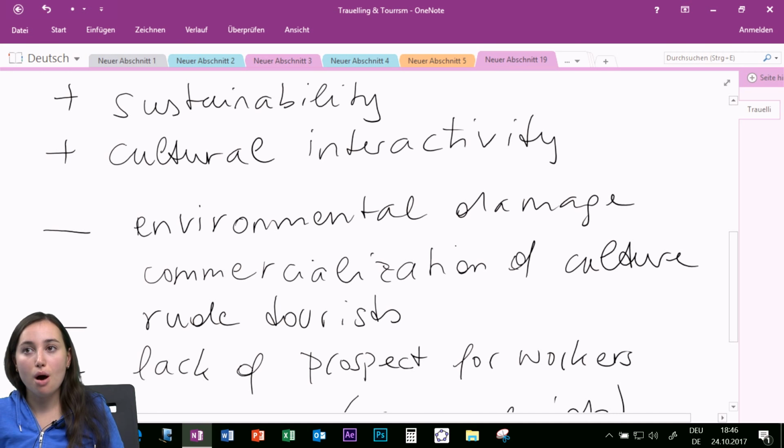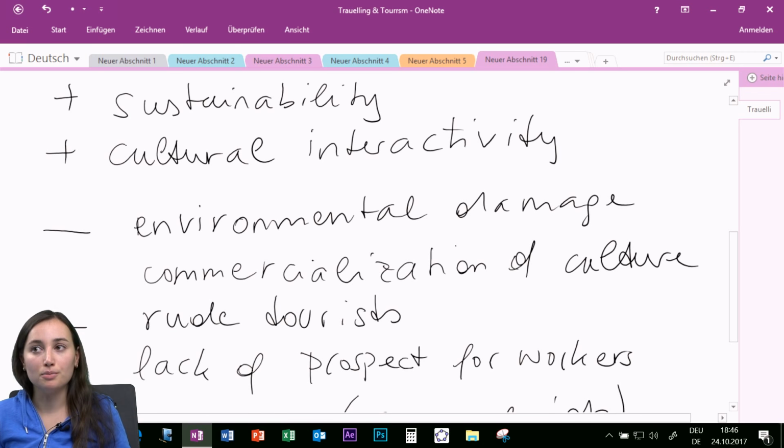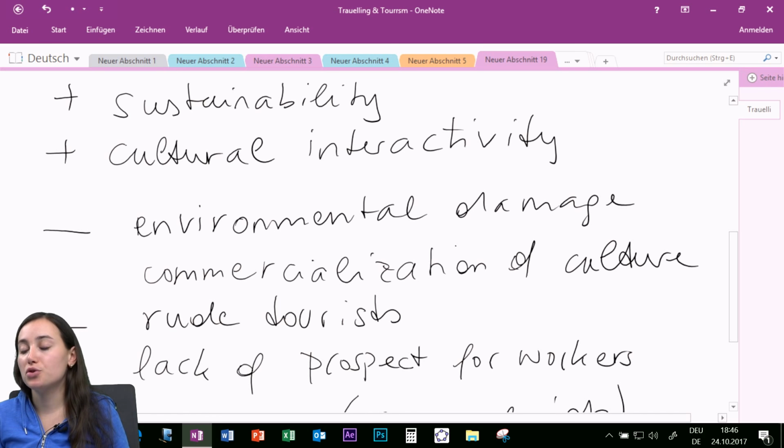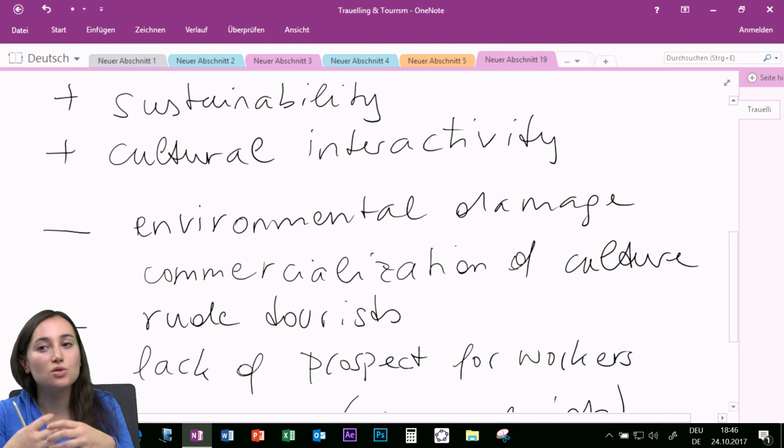For example, when someone from Europe, from France, travels to Southeast Asia or the other way around, they have the possibility to share their ideas or the way of living with each other. So it gives you an opportunity to get to know people of other cultures, to be more sensitive that there are a lot of different cultures all around the world.